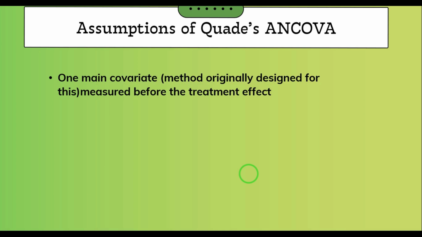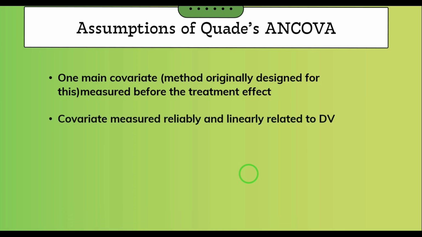So this assumption is met. The next one is that the relationship between the covariate and the dependent variable should be monotonic. It doesn't necessarily mean that it should be linear, but they should be in one direction. And the third assumption is that groups must be independent. Like in our example, teaching methods were completely independent and they have no effects on each other.